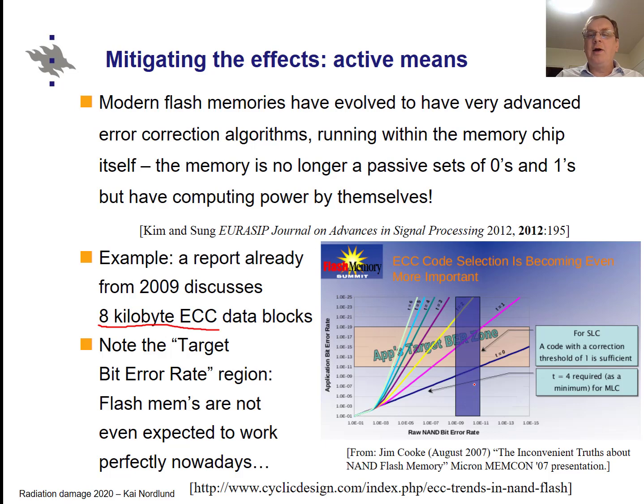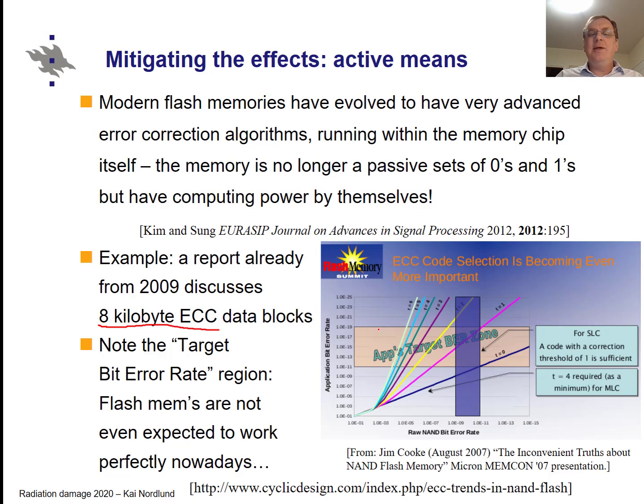This is a plot for one example where what you see here is the application bit error rate. You see it goes from 10 to the minus 1 to 10 to the minus 25. And then they set that target error rate zone, which is where the circuitry is operated.